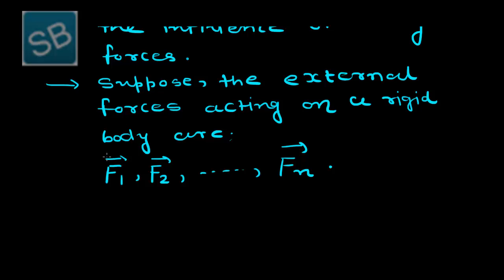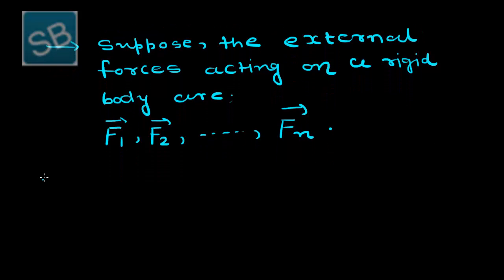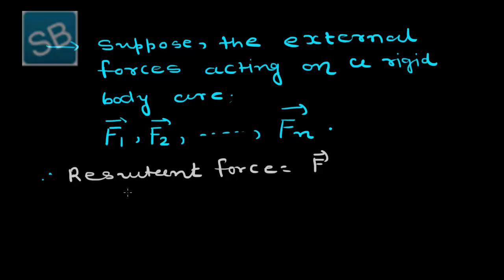So the resultant force will be, resultant means total force, we have to apply the vector sum to these individual forces, and therefore F is equal to F1 plus F2 plus so on up to Fn.